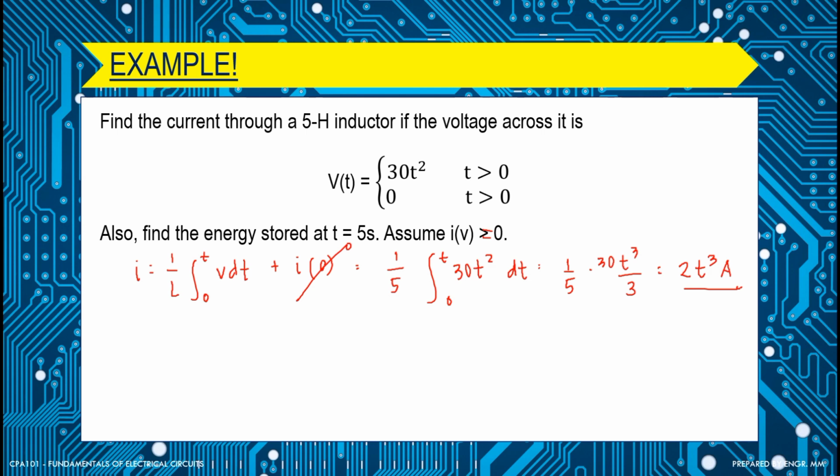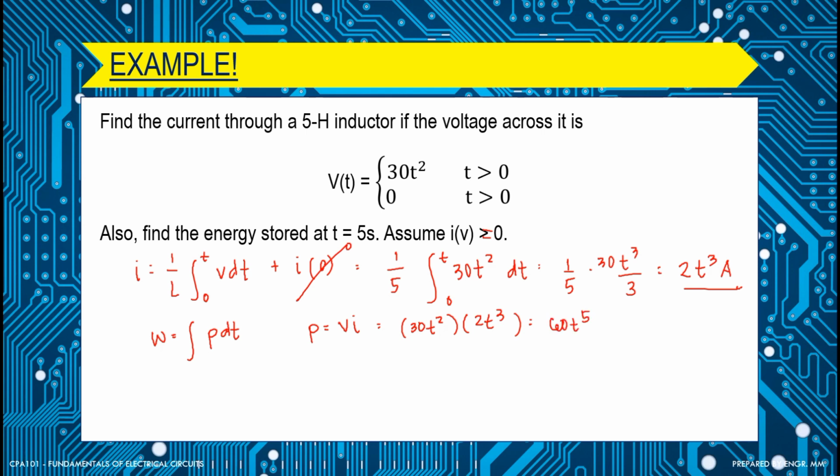Now to solve for the energy, that is the integral of p dt. We have to solve first for the power, which is equal to vi. Our voltage is 30t² and our current is 2t³, so we have 60t^5.